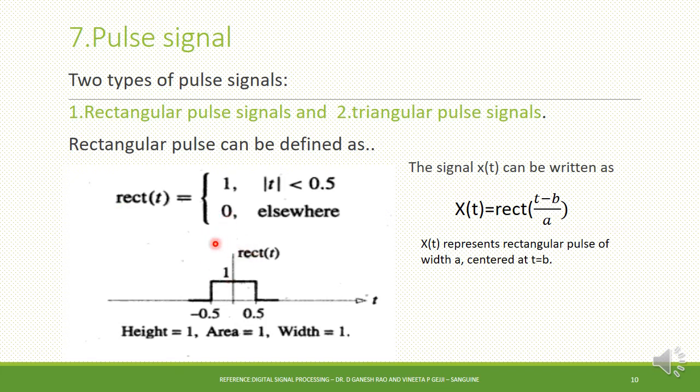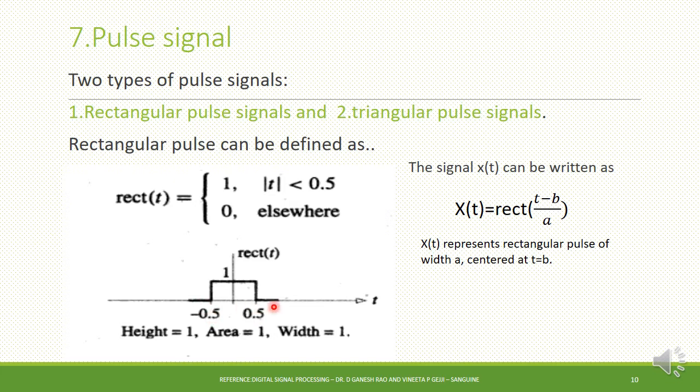So this is the representation of the rectangular pulse signal. Here t is along the x-axis and the rectangular pulse is along the y-axis. It is equal to 1 when the t value is in between 0.5 and minus 0.5.